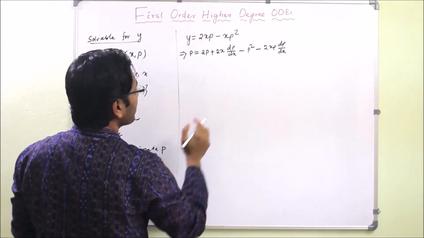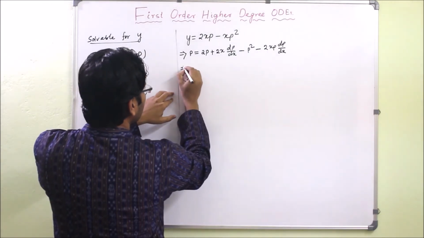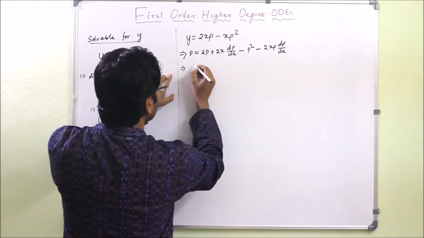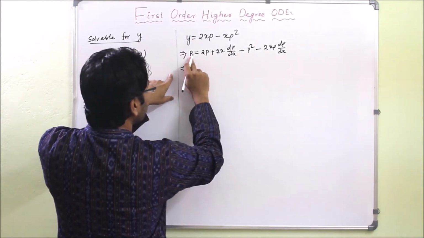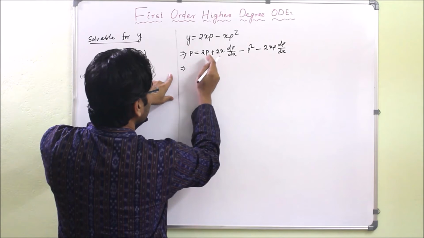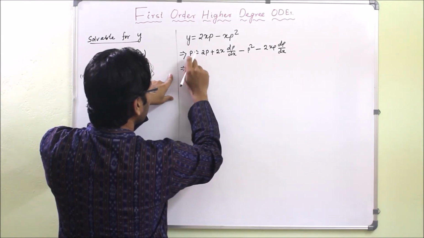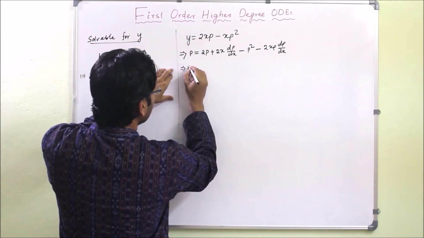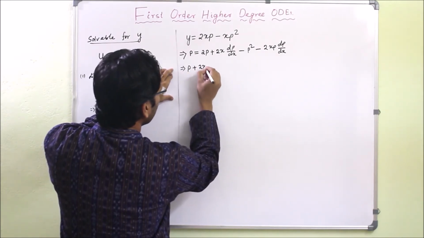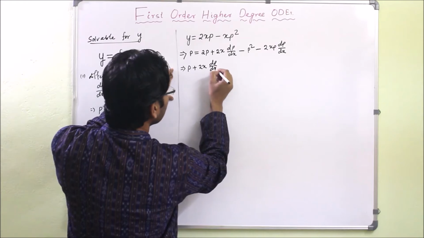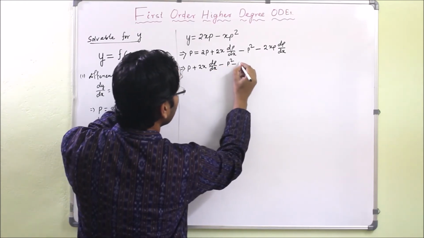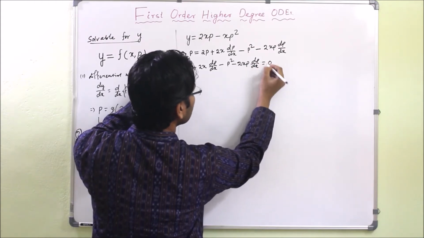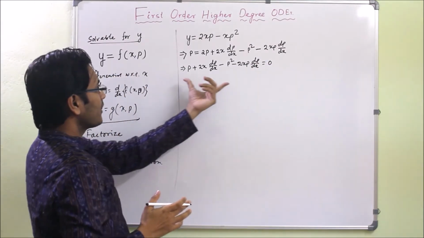Now we have to take everything to one side. So p goes to the right side, the left side will be 0, and we can write it as p plus 2x dp by dx minus p square minus 2xp dp by dx equal to 0.